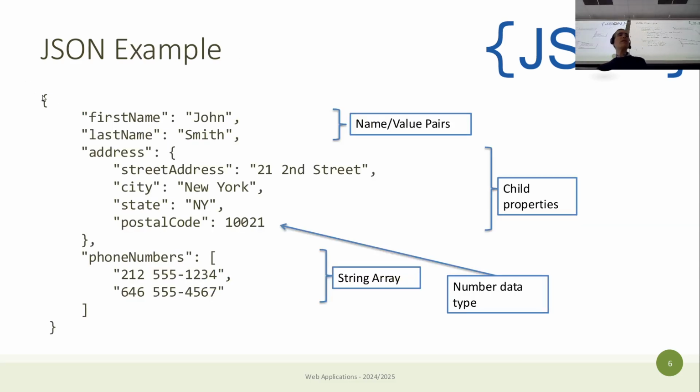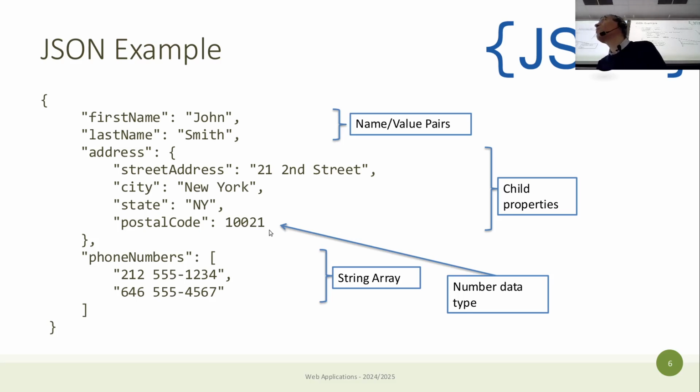Example: that's an object. There are a few keys, first name, last name, address, and so on. The first two are strings. Then there is a more complex object, so the third one is an object inside another one. That's fine, and it has four fields. You can also have numbers. You see, numbers don't have quotes.